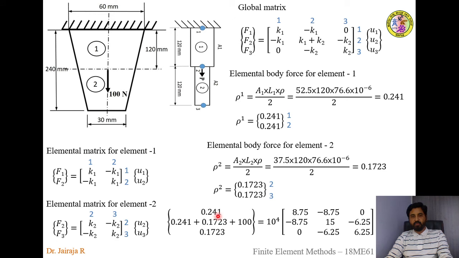Whereas at node 2, there are two body forces: body force 0.241 from element 1, and similarly body force 0.1723 from element 2. Plus the external force applied at node 2, which is also considered, plus 100.